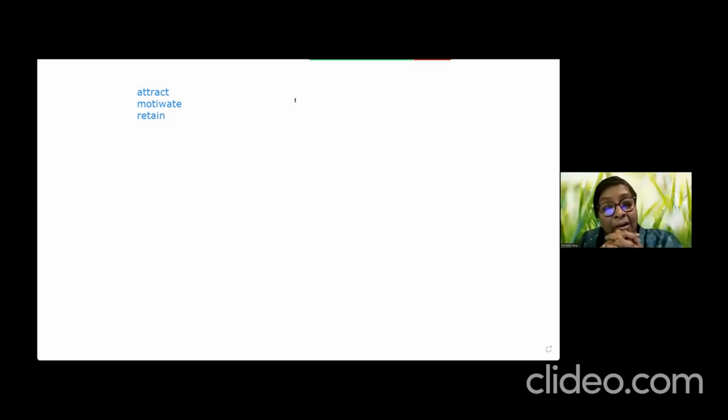Should I add one point here? Yes, Manish. The basic purpose of compensation is to give the amount so that the employee could work. It's the reason for an employee to work at any organization.